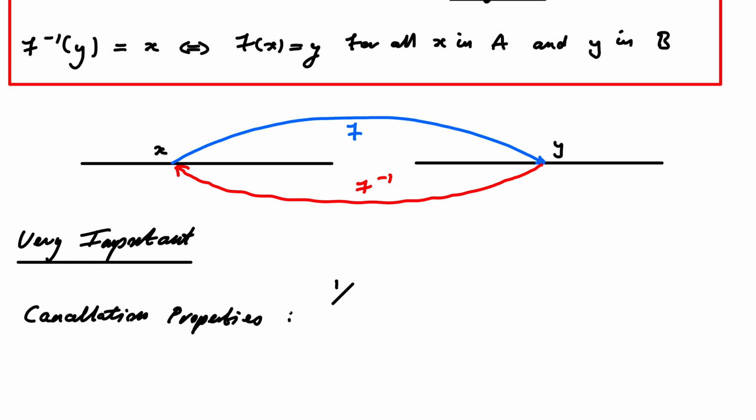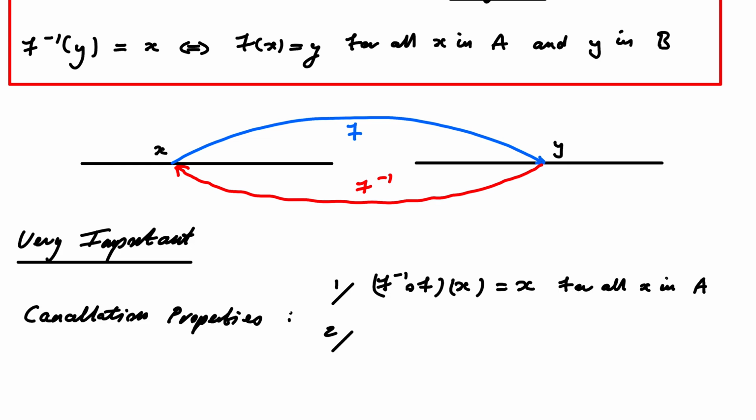So you can see from this picture that if I start with x and I do f first and then f inverse, so that would be the composition of f and f inverse, I must end up back at x. So essentially f inverse is cancelling off the f if you want. So this is for all x in A, the domain of f.